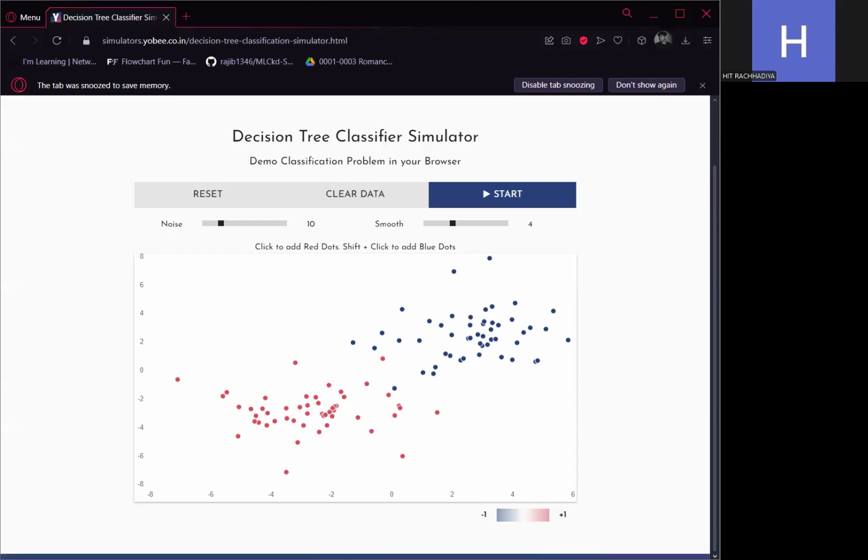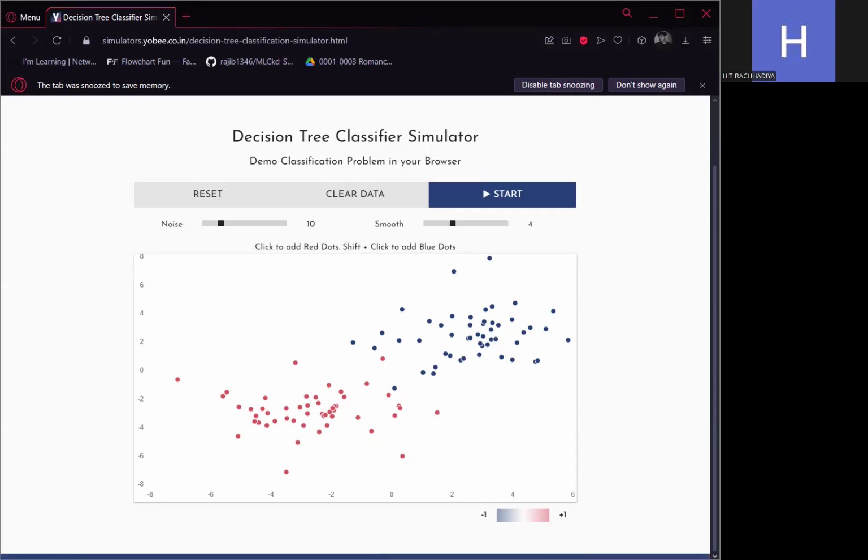Third is the leaf node. A leaf node represents the final output, and no further splitting occurs beyond these nodes. And fourth are the branches. Branches represent the outcome of a decision at each node, leading to the next node. So this is the structure of a decision tree.